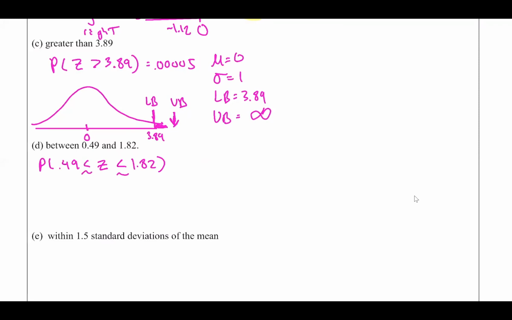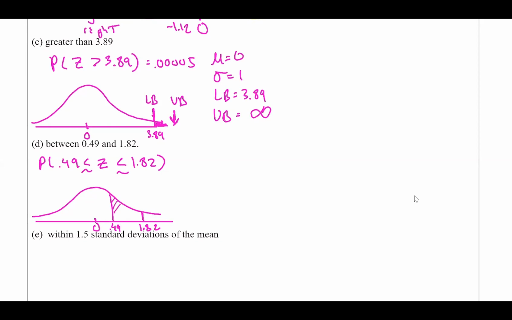So if I go to draw this out, you put 0 in the middle, then 0.49, and then 1.82. Since it has to be between 0.49 and 1.82, that means you shade between them, with the mean in the middle.